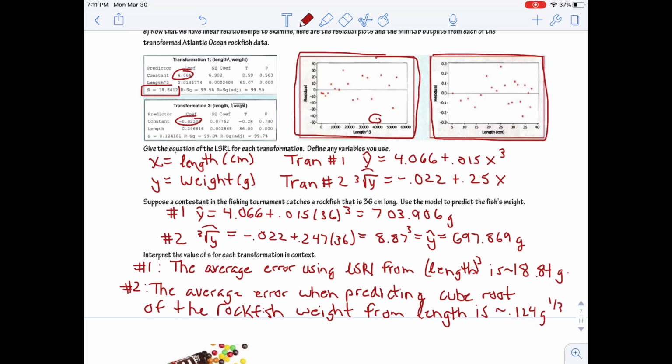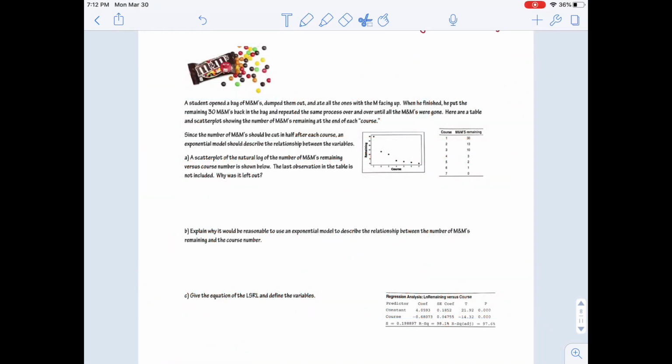Or you could write cube root grams, whichever way you want. All right, next problem here.